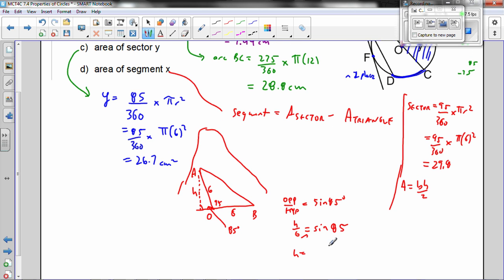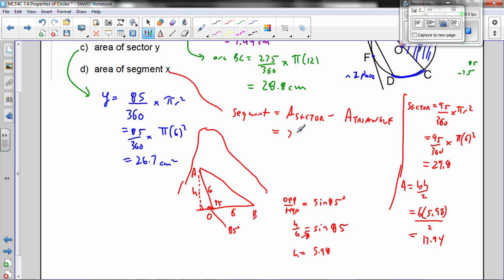Oh, this is kind of like studying for the exam. Cross multiply: 6 times the sine of 85 is 5.98, and I get the height. Where am I going here? The height here is 5.98, and the base is 6. The base is 6, the height is 5.98, divided by 2, and I get an answer, 17.94, and then I can calculate the segment.